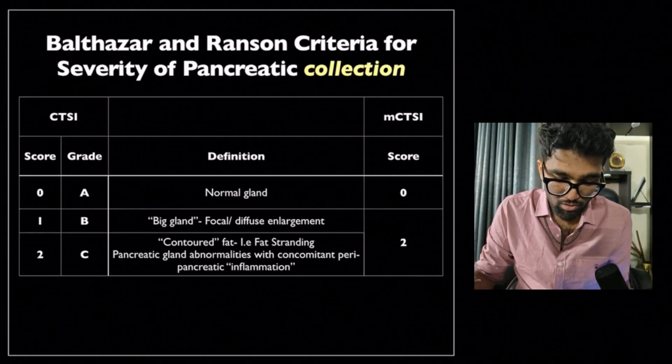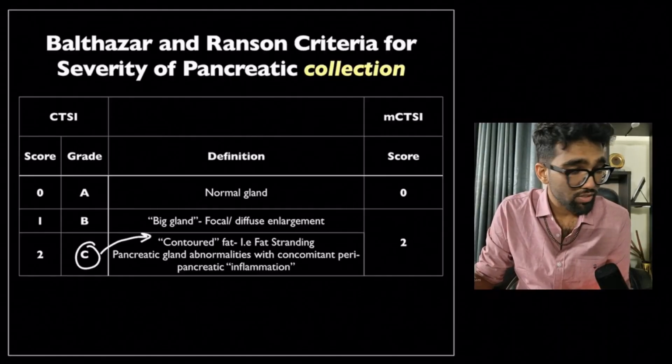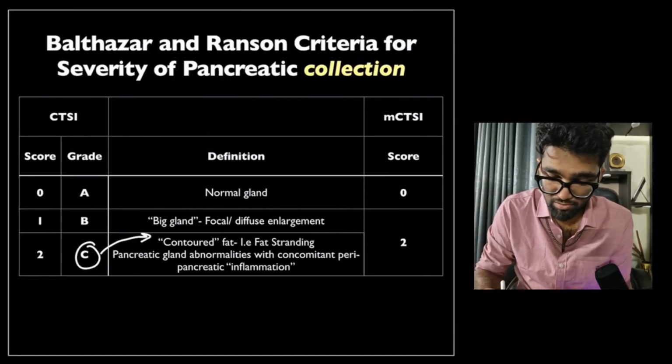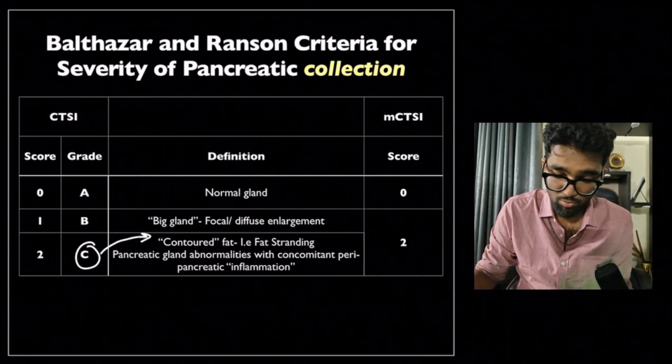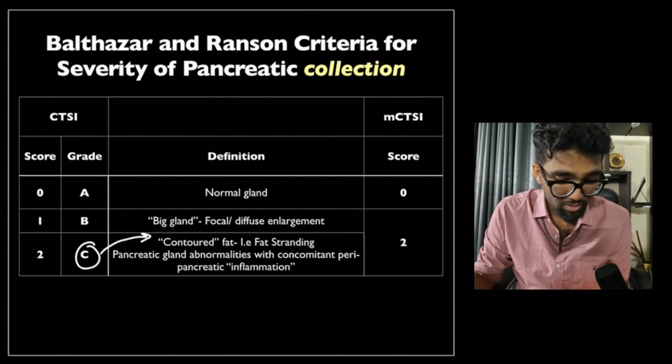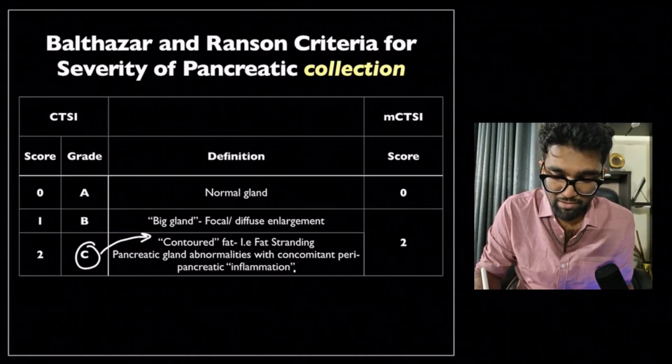Now, a score of 2 is C. C is that the contour of the gland has changed, so there is contour fat, more commonly referred to as fat stranding. Now, with pancreatic gland abnormalities, concomitant peripancreatic inflammation essentially just means fat stranding.